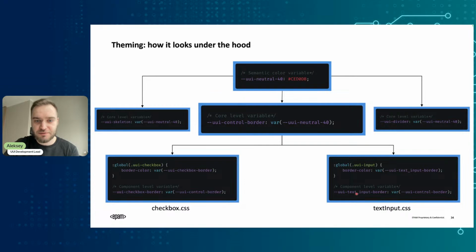This is a component level variable, which gets its value from the core level variable UI control border, which also gets its value from the semantic level UI neutral color. And this UI neutral color is also used not only to define UI control border, but also to define color for dividers, skeletons, and other parts.